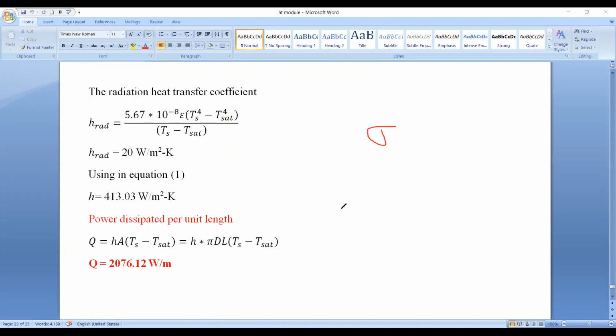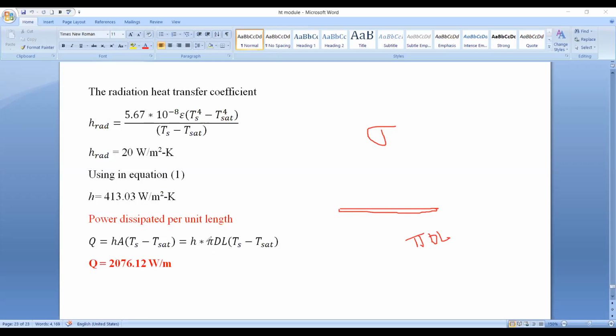The heater is of the shape of a wire. So the surface area of this cylindrical wire is pi d L, the surface area of this solid cylindrical member.